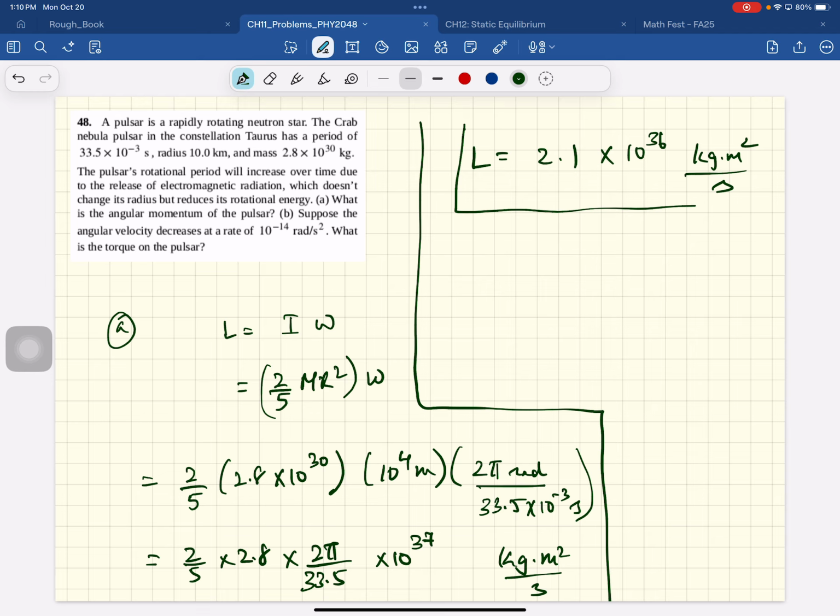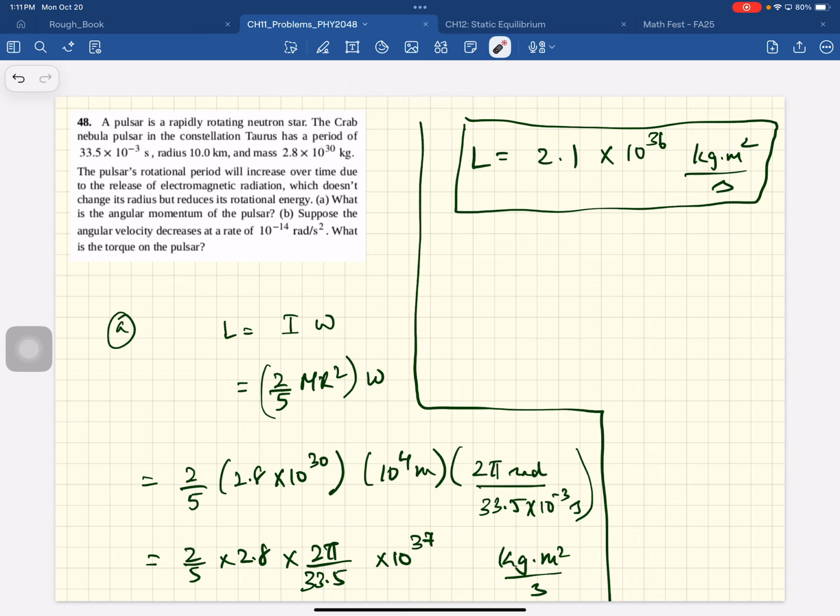Okay, so that's the angular momentum. And they say, suppose the angular velocity decreases at a rate of 10 to the minus 4 radians per second squared. What is the torque acting on the pulsar? The torque is I times alpha, where alpha is 10 to the minus 4 radians per second squared.